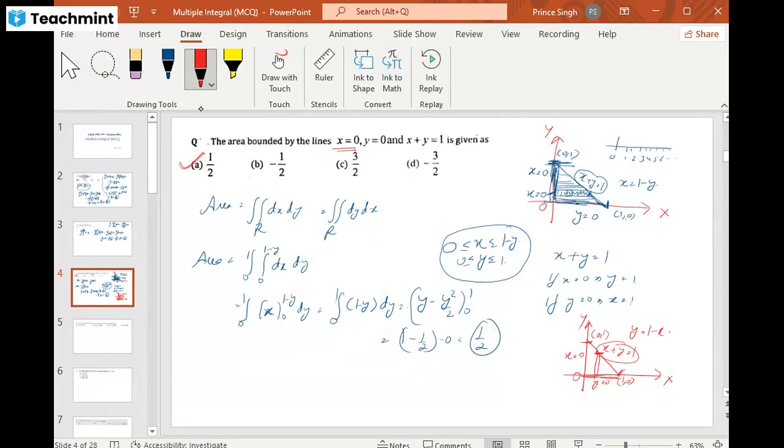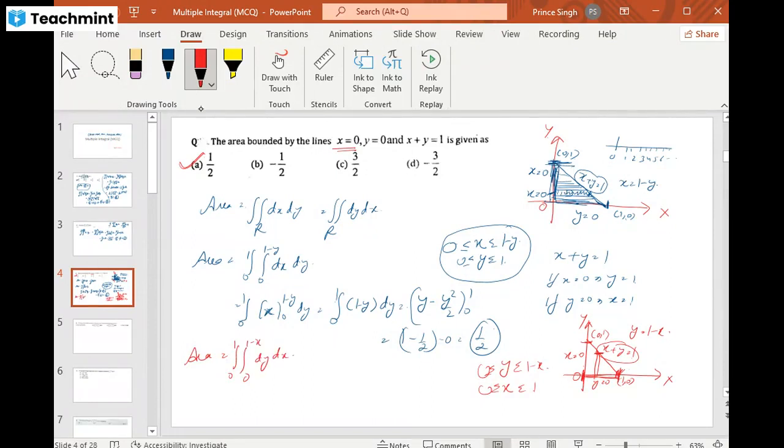So the limit of y varies from 0 to 1 minus x, and the limit of x varies from boundary to boundary. Here the value of x is 0, and here the value of x is 1. So the limit of x varies from 0 to 1. So we can also calculate the area by integrating 0 to 1, 0 to 1 minus x, dy dx.